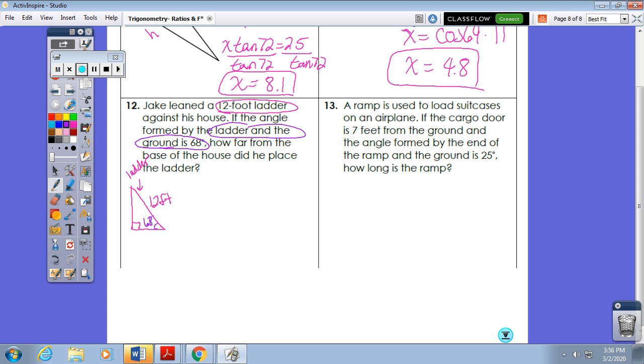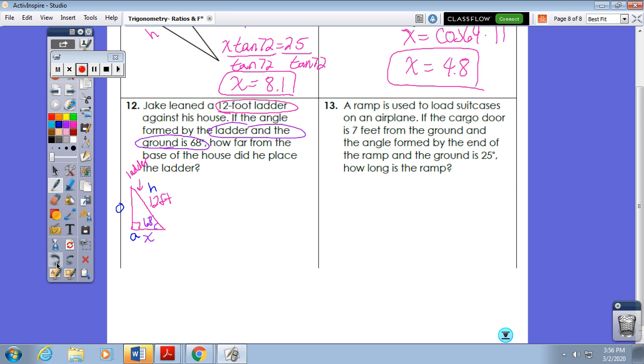How far from the base of the house did he place the ladder? So they want to know this guy down here. So again, as usual, since you're standing there, we have opposite, adjacent, hypotenuse. So since we have the TOA part of the SOHCAHTOA, so it's going to be tan of 68 degrees. Sorry. Not the TOA.